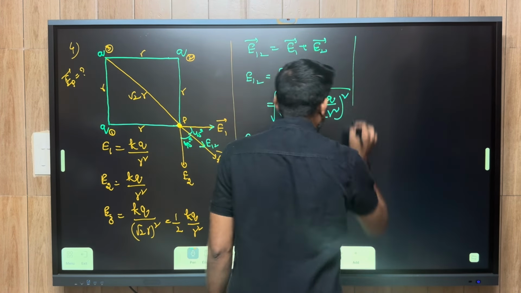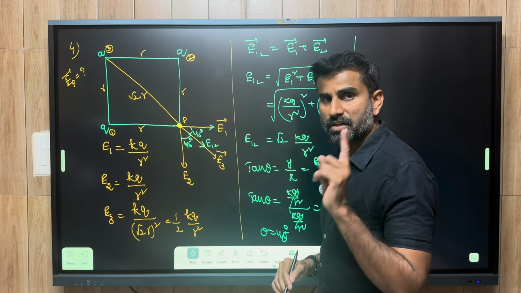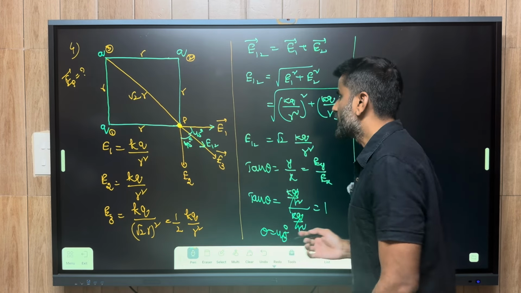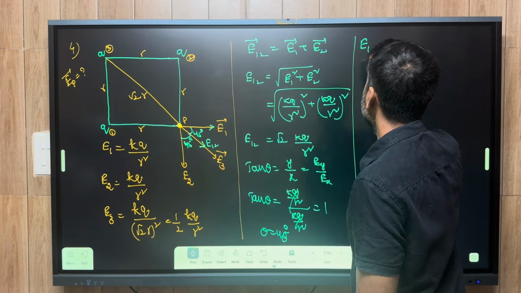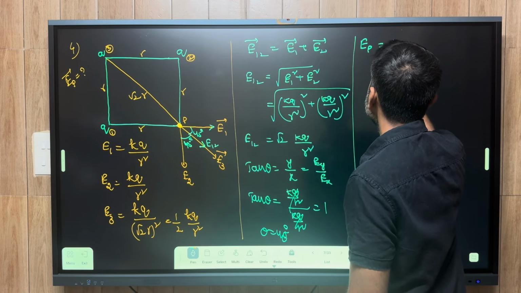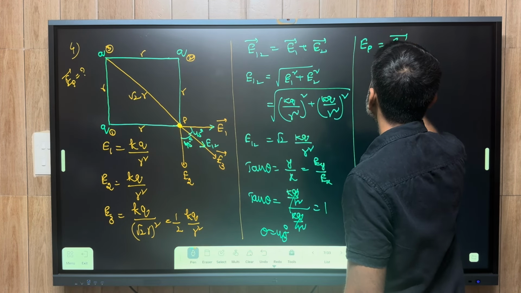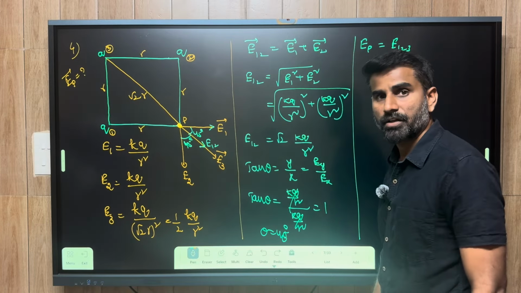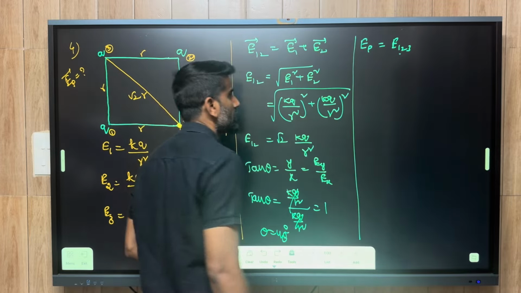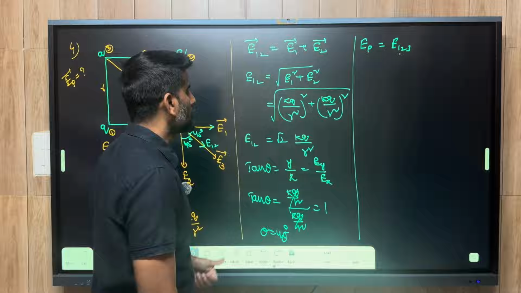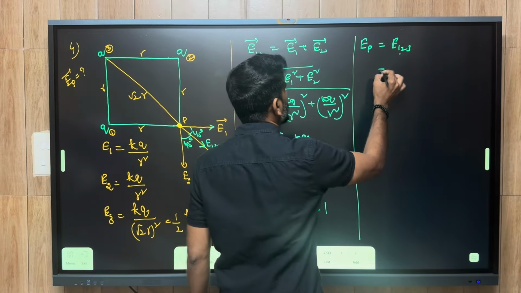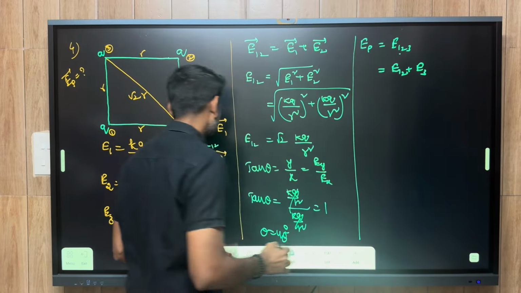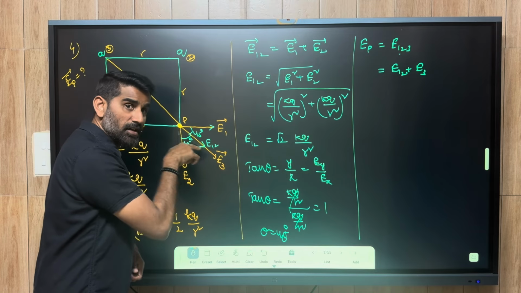Now we already know the vectors which are in the same direction can be added directly. So to find the net electric field at point P, which is E123, right? Electric field at point P is nothing but E123. We already know E12 and we have E3 again. So E12 plus E3, we can add them directly because these two vectors are in the same direction.